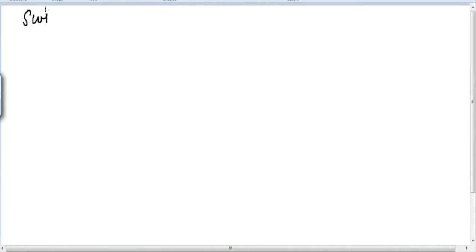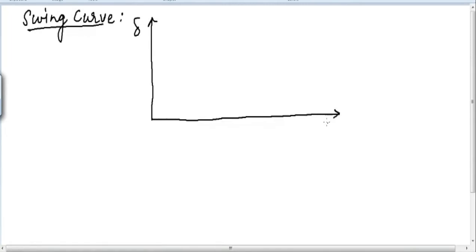So I will write the heading swing curve here. Let me draw the swing curve. Here this will be the y-axis, where we will have delta, and in the x-axis we will have time. This will be our reference line, and let's say we start with an initial delta 0 here. This will be delta 0, then the initial swing.